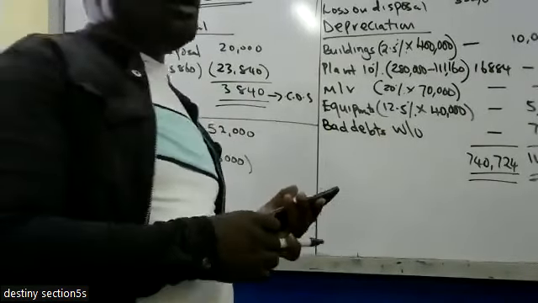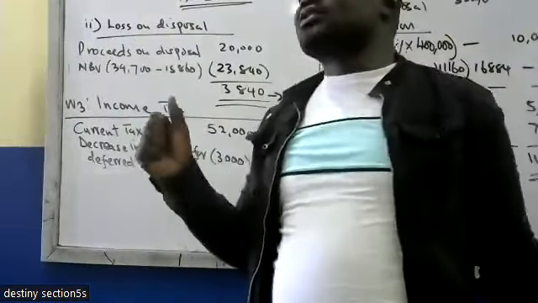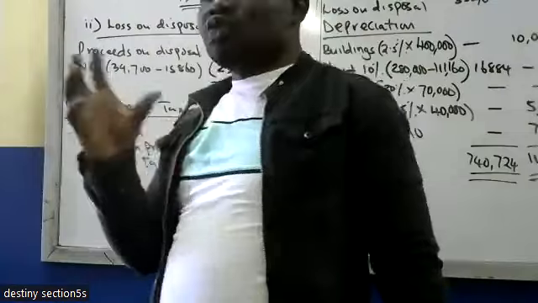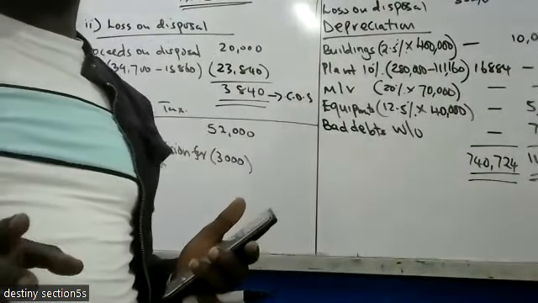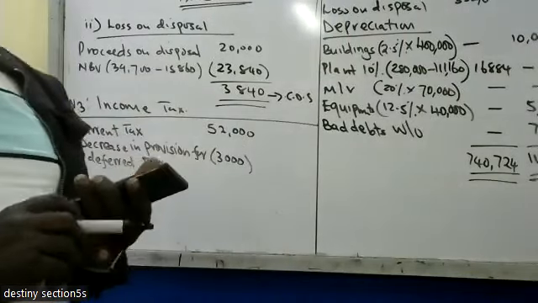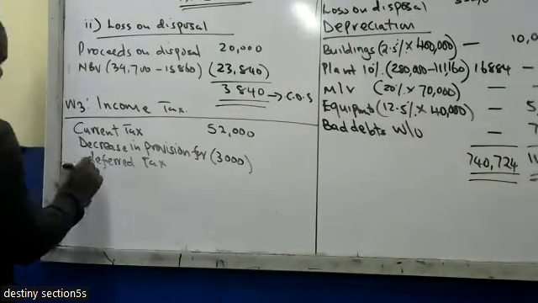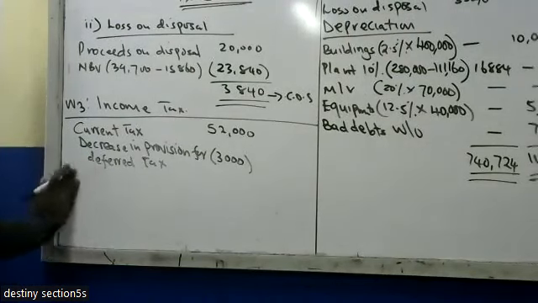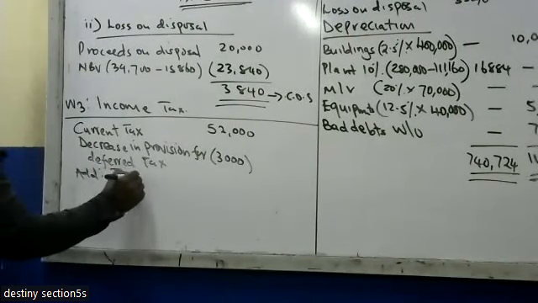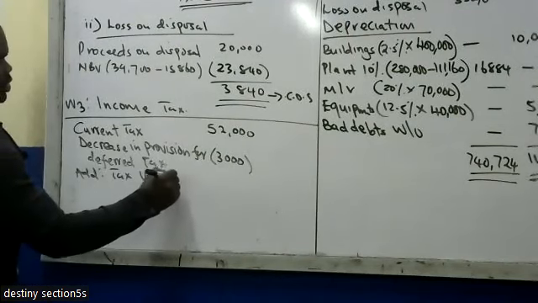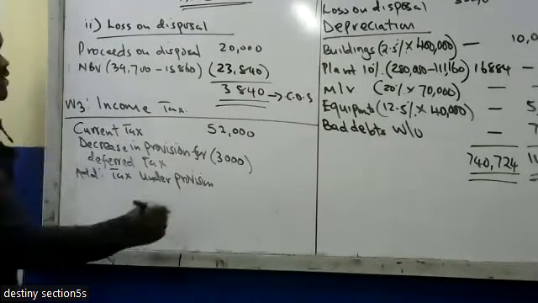Over provision means it should be a tax income, which you use to reduce. But it being on the debit, it means it's an expense. So it was under provision. Tax under provision is still an expense. So you add this one. Tax under provision for last year, that is 2,600.